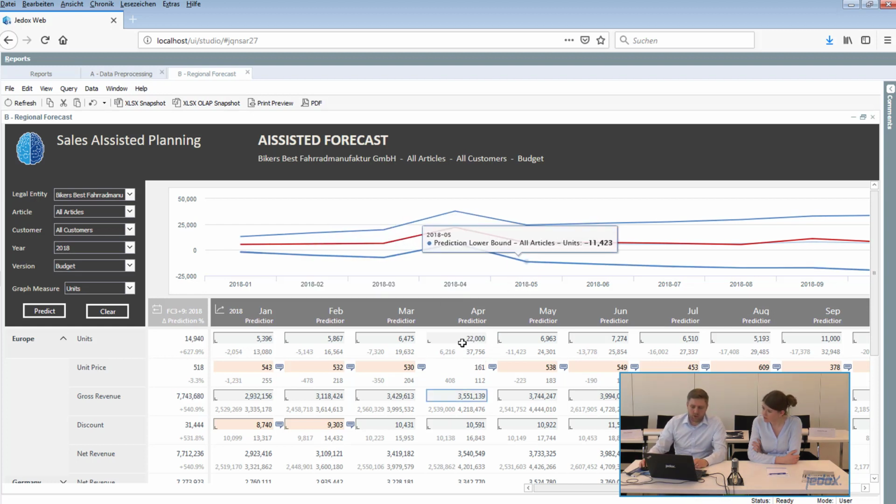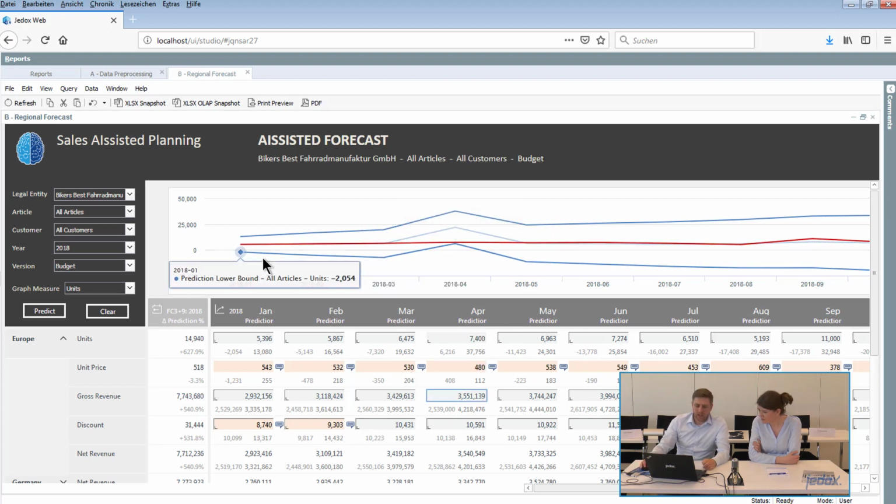So now it fits perfectly. So maybe we go back to the original value. It was something like this. So now we can see, okay, our forecast is in between these upper and lower bounds. So everything's all right here.